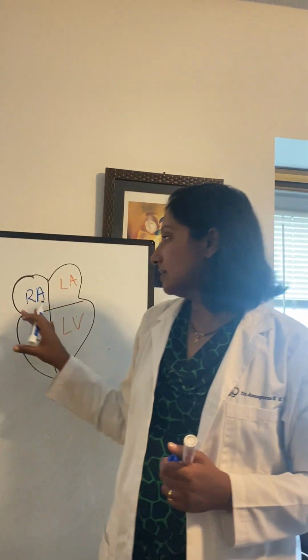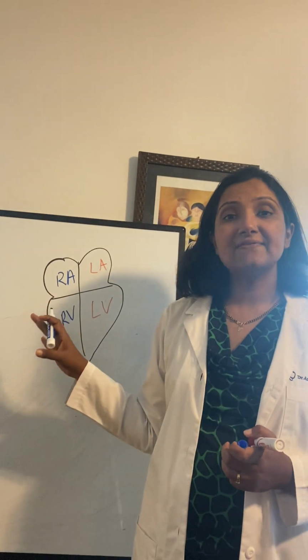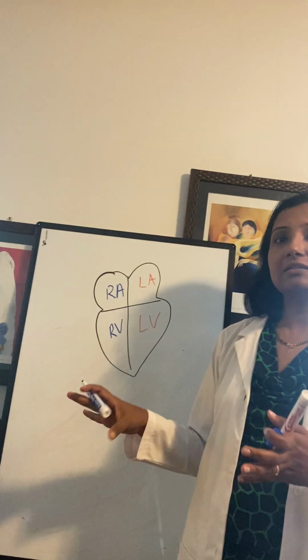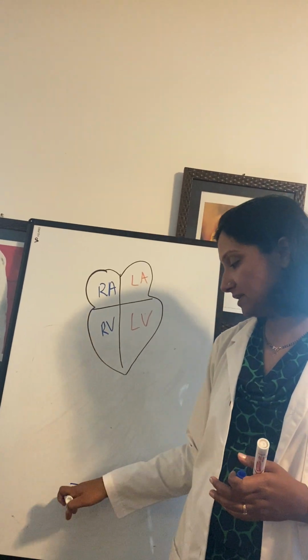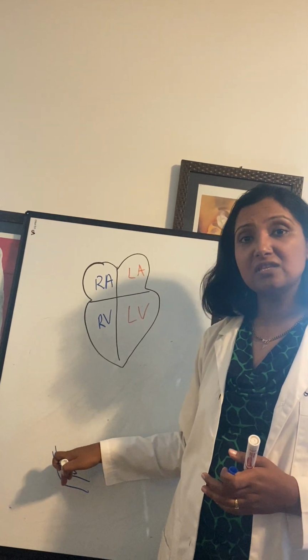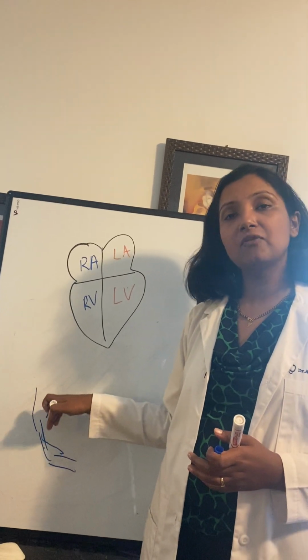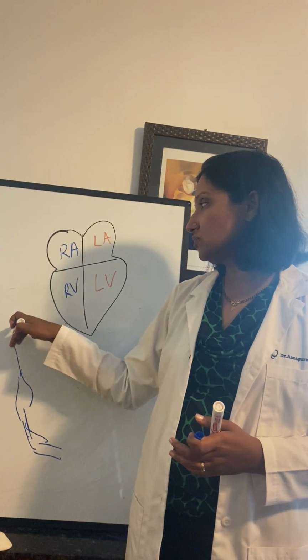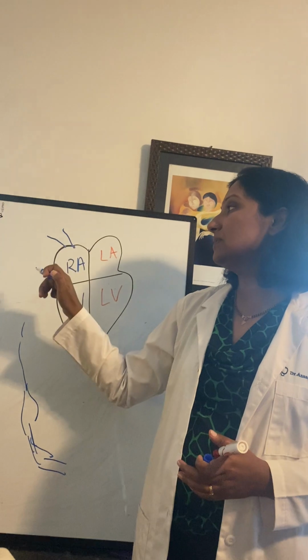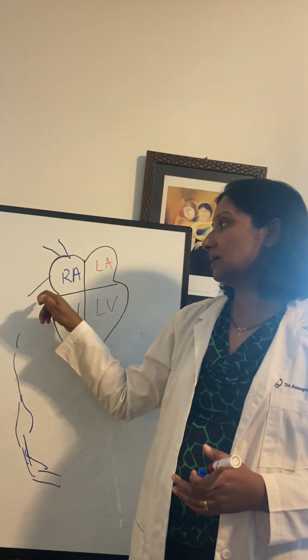The right atrium receives blood from the veins. The gas exchange takes place at the level of the capillaries. The capillaries combine to form small veins or venules. Venules combine to form large veins, and eventually large veins combine to form the largest veins, superior vena cava and inferior vena cava.